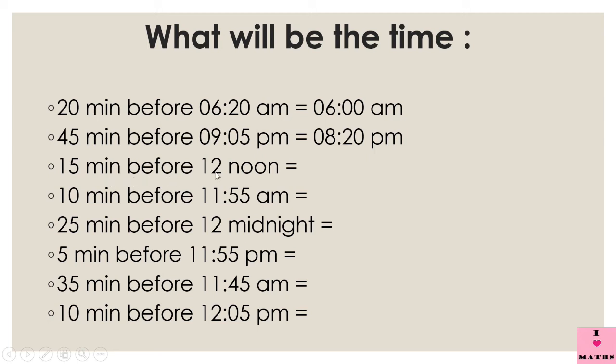So 15 minutes before 12 noon will be 11:45 a.m. And how did we get 45? We subtracted 15 minutes from 60 minutes. Why? Because in 1 hour there are 60 minutes. So we subtract 15 minutes from 60 minutes and we get 11:45 a.m.